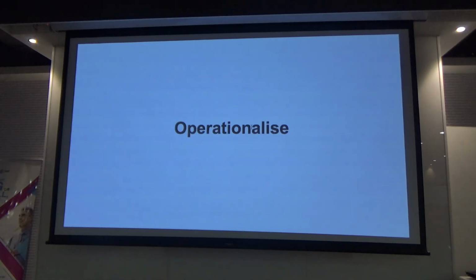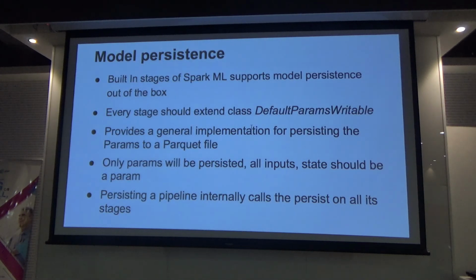So next is in terms of operationalization. Many people were asking about model persistence, like how do you persist the model and other things. All of Spark's ML stages support persistence out of the box. There is a method called save on the model, and also model.load, which will load the model from the specified path. Basically it takes the params you have and writes them into a Parquet file underneath, and it reads the params back.